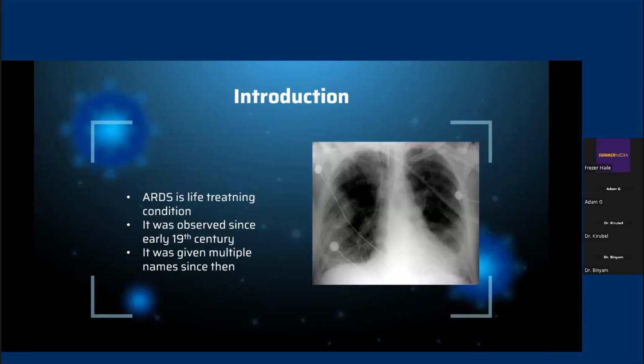As you know, ARDS is one of the life-threatening conditions we commonly face in ICU and emergency setups. It has been described since the first literature, printed in the 19th century, and it has been given a lot of names.